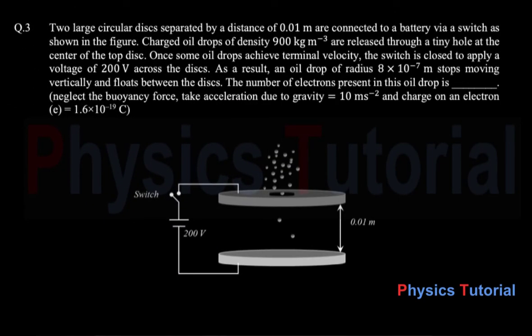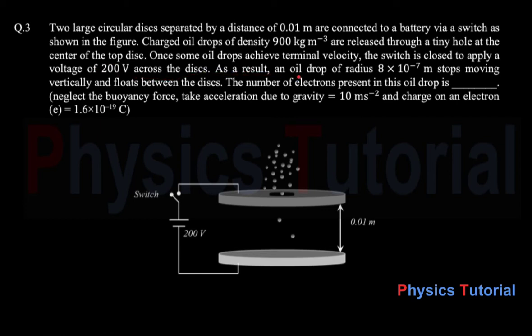Question number 3. Two large circular discs separated by a distance of 0.01 meter are connected to a battery via a switch as shown in the figure. Charged oil drops of density 900 kg per meter cube are released through a tiny hole at the center of the top disc. Once a small oil drop achieves terminal velocity, the switch is closed to apply a voltage of 200 volt across the discs.